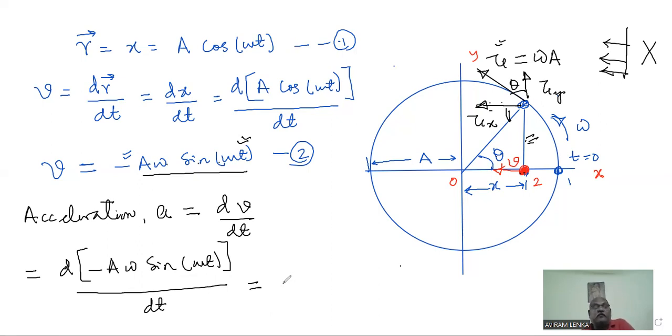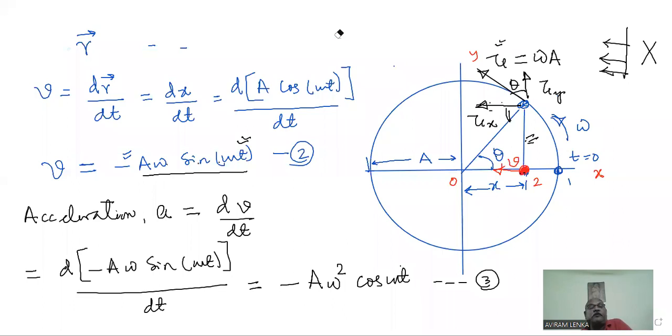So thereby we'll be having minus a, another omega will be coming out, omega times omega is omega square, and sin omega t becomes cos omega t. So acceleration is minus a omega square into cos omega t. That is equation number 3. Let me clear up some space here, or else these things are covered up.